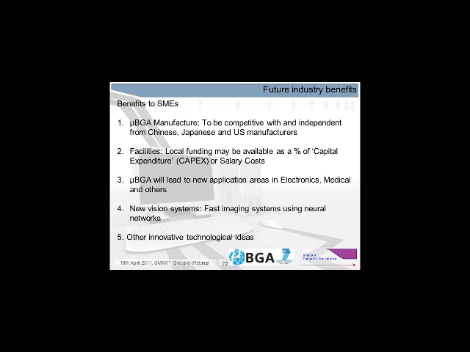The very innovative work the project will be doing in terms of new vision systems, the fast imaging systems using neural networks by one of the partners, IKH, a Greek research organization, will, we hope, be applicable to not just the production of micro-BGAs and the process control of this specific area, but we imagine this will be a very innovative area that will lead to exploitation in many other areas.